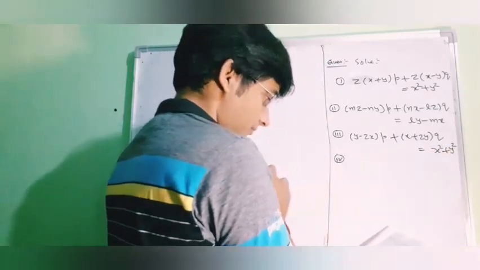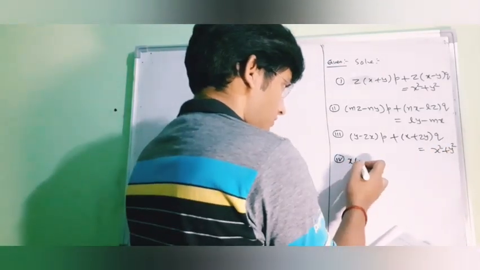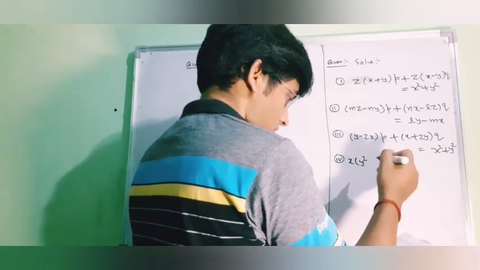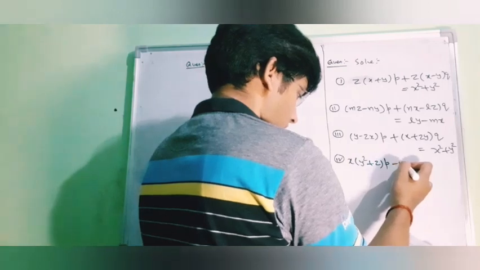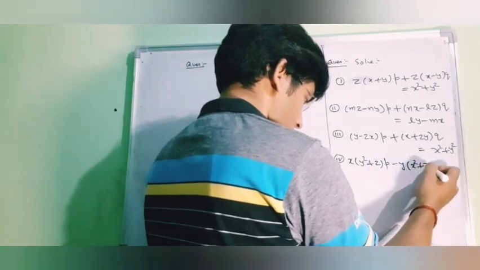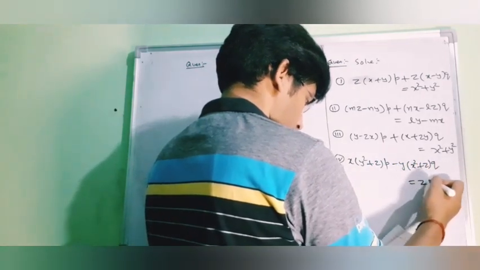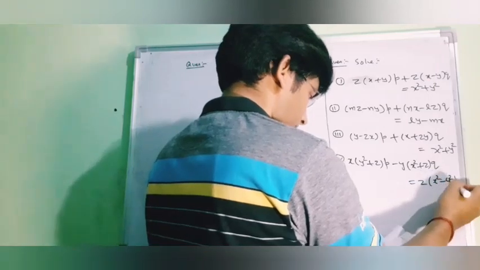Then the fourth problem, (xy square plus z)p minus (yx square plus z)q equal to z(x square minus y square).